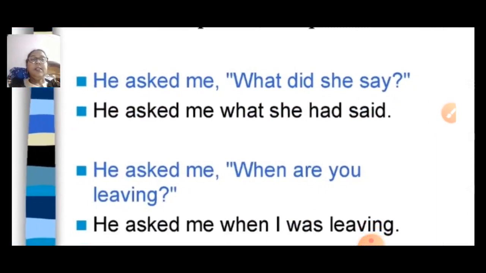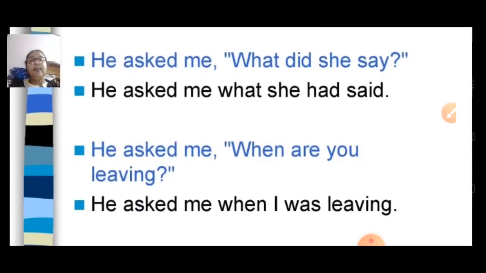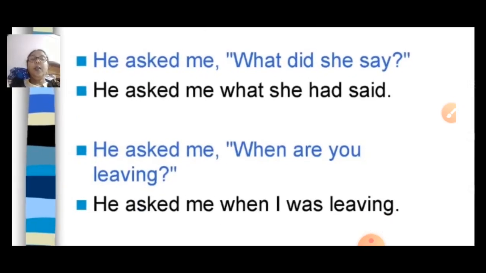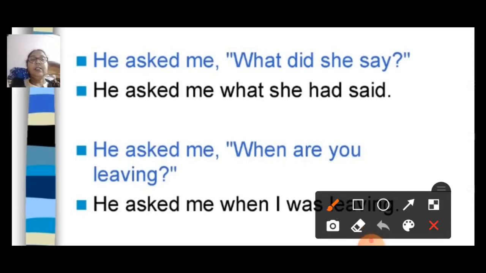Now let's see more examples. He asked me, "What did she say?" He asked me what she had said. He asked me, "When are you leaving?" He asked me when I was leaving. So this is present continuous and this is past tense, and they will be changed.